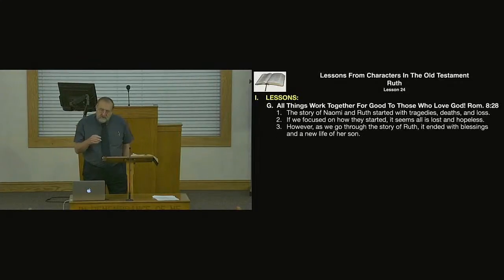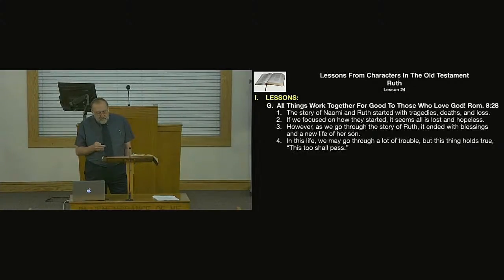However, as we go through this story, it ended with blessings and a new life of her son. And so in this life, we may go through a lot of trouble, but this thing holds true. The old proverb, not a proverb in the Bible, but an old proverb, this too shall pass.